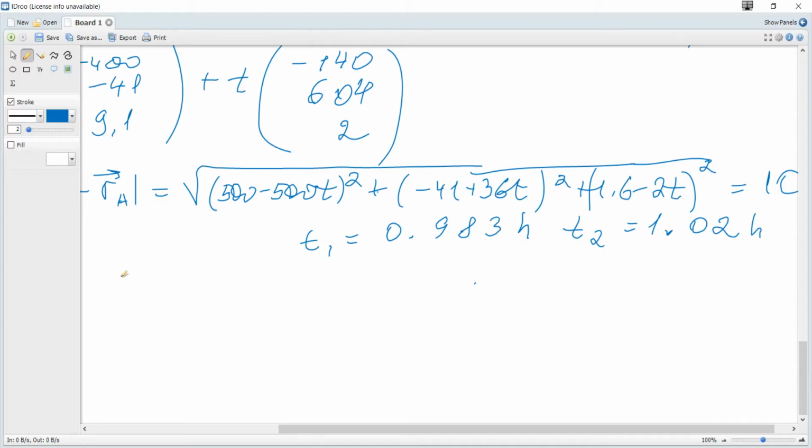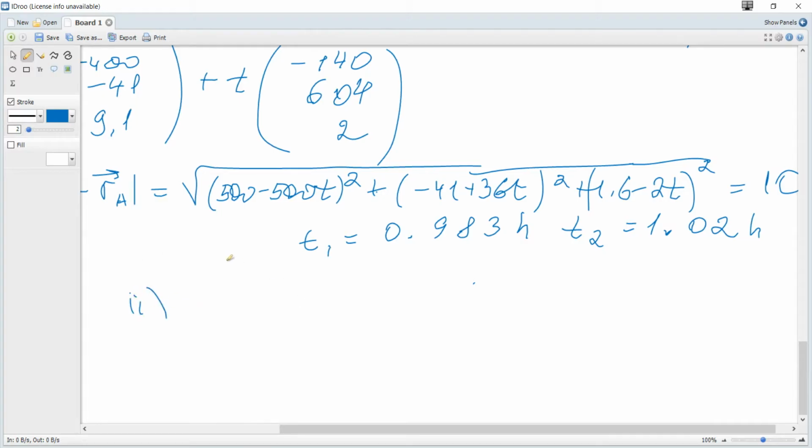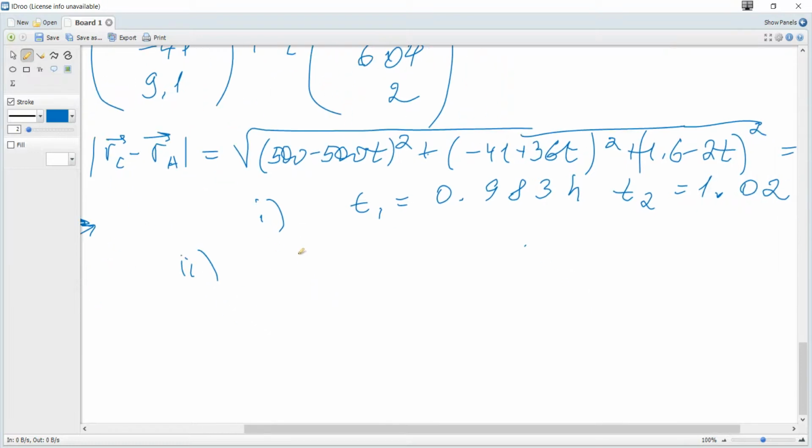Next, determine whether the two aircraft A and C will break the air traffic regulations if they continue with their current velocities. Justify your answer, 5 marks.